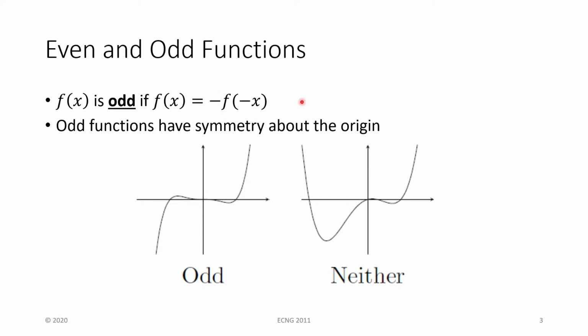Let's take this f(x) function here for odd, and to give you an idea how we do this, let's say we flip this horizontally, so we go f(-x), and the right-hand side will look something like that, and the left-hand side will go something like this.